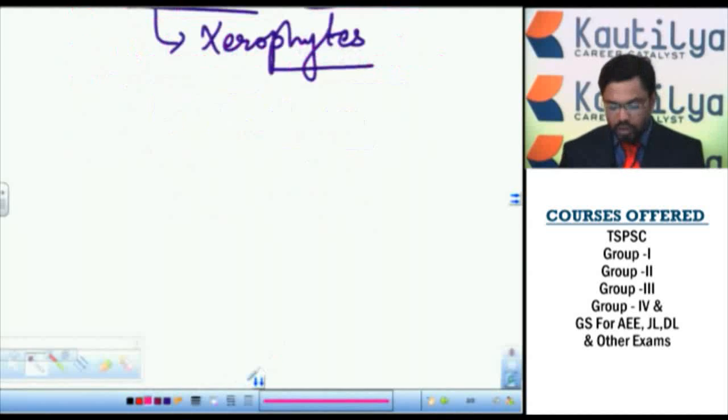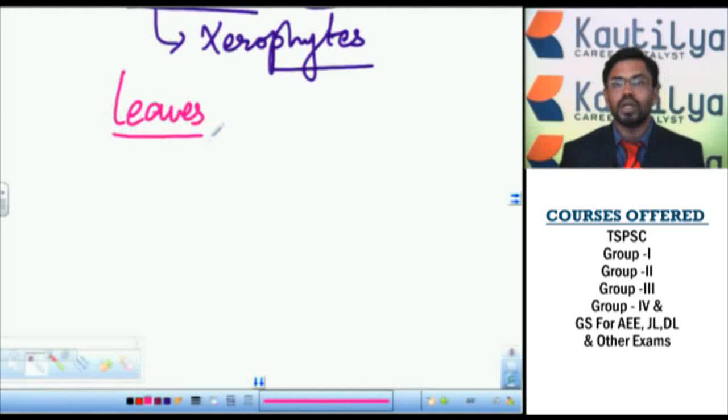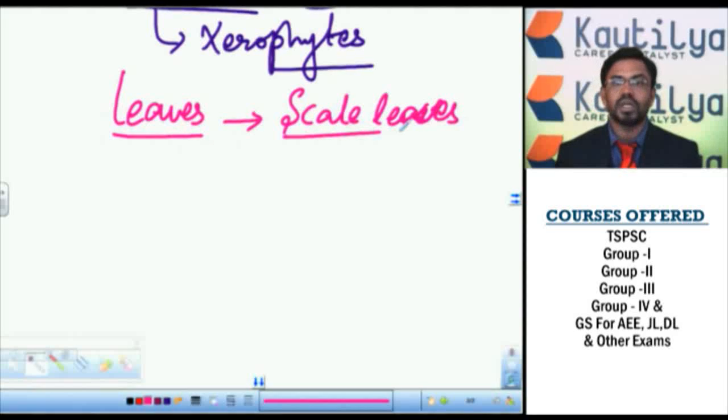Also, as transpiration takes place through the leaves, the leaves are modified to form scale leaves. So the presence of scale leaves and scotoactive stomata is an adaptation to reduce the rate of transpiration.